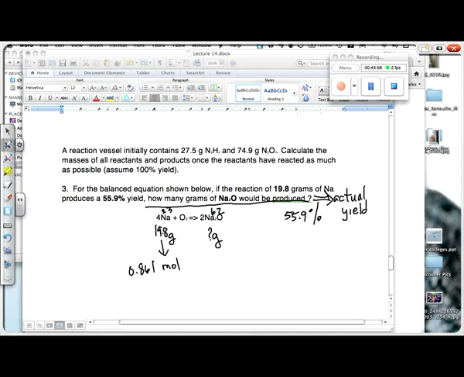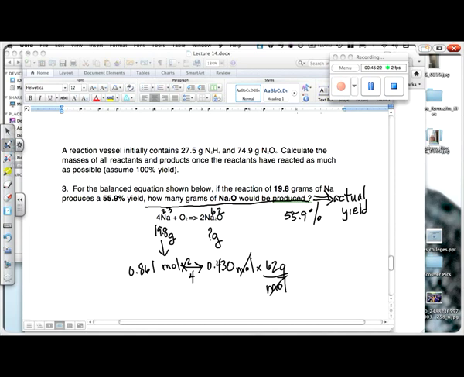This is not a limiting reactant problem. It's just a percentage yield. Move to the question, times 2/4, so dividing by 2, and I get 0.430 moles of the sodium oxide. Okay, and then times the 62 grams per mole.